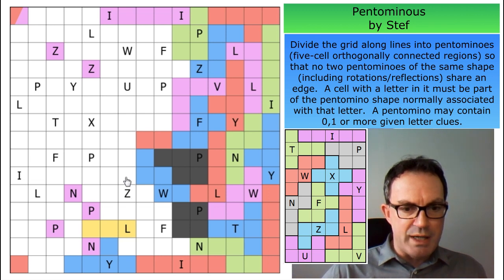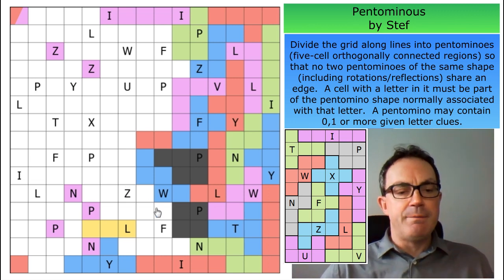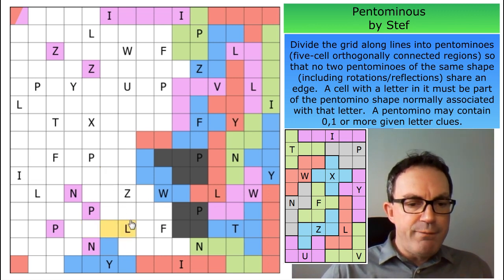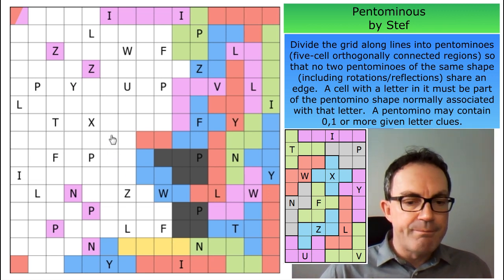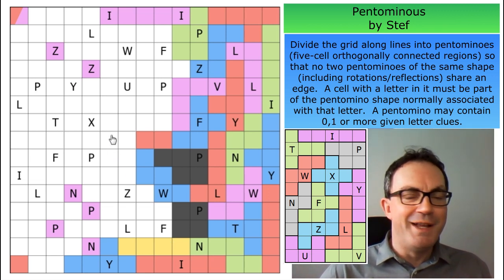Now, can we do that? Yes, you can. So, if the L is going horizontal in this row, we have to fill these 4 cells with something, with pentominoes, preferably.